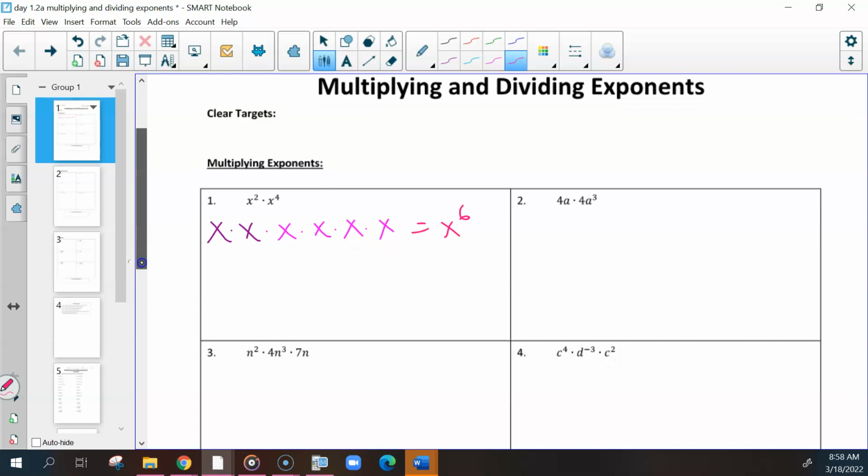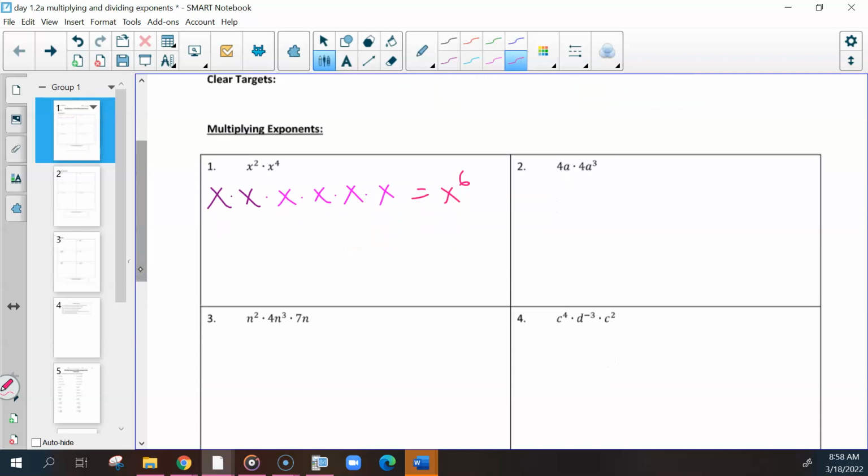And we kind of already touched on this when we were doing radicals, but let's pretend we didn't for a second. For number 2, if I were to expand this, we would have 4 times a times 4 times a times a. So we have the 4s, and we have all of these a's. So this would be 4 squared times a to the 4th.